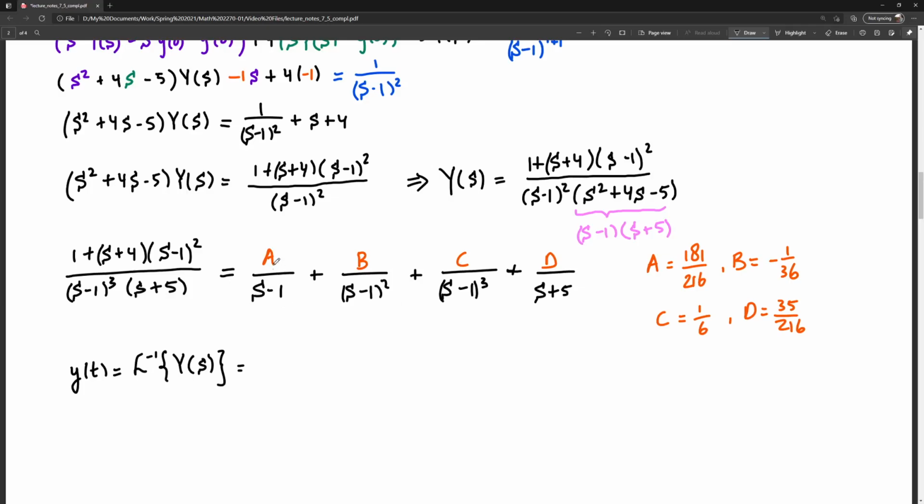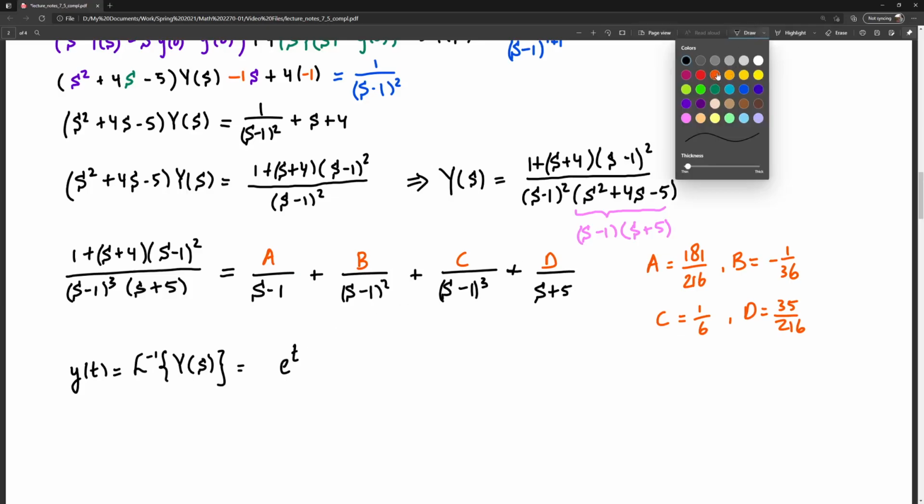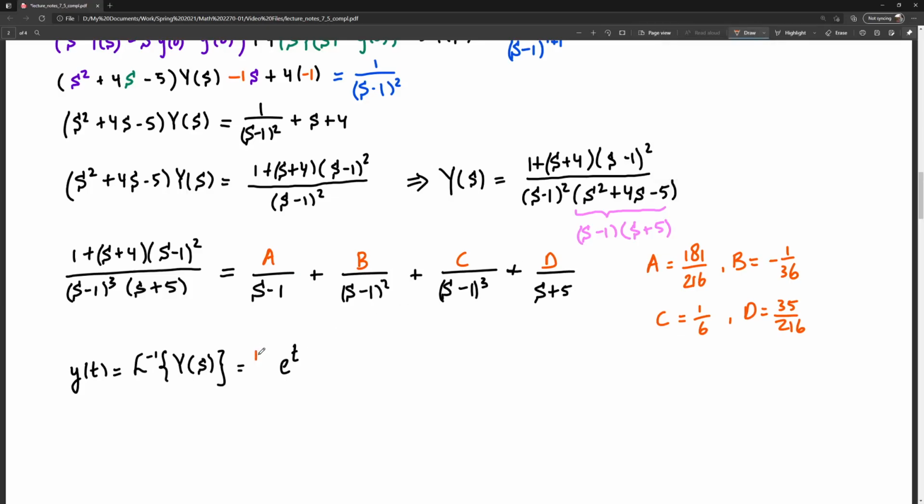And so we see the first one is of the form 1 over s minus a, and so that's e to the power at. And the first part is just e to the power t with that coefficient A in front, 181 over 216.